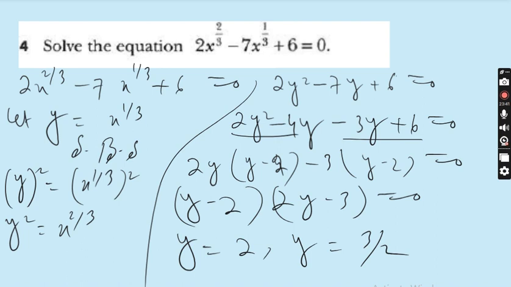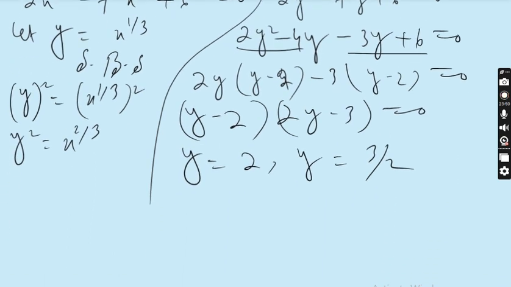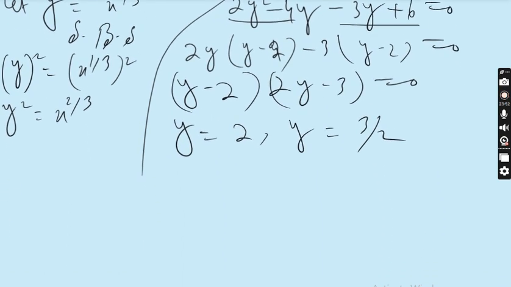But this is not our final answer, because if the question is in the form of x, the answer should also be in the form of x. What was y? y we let x power 1 upon 3. So x power 1 upon 3 is equal to 3 upon 2.